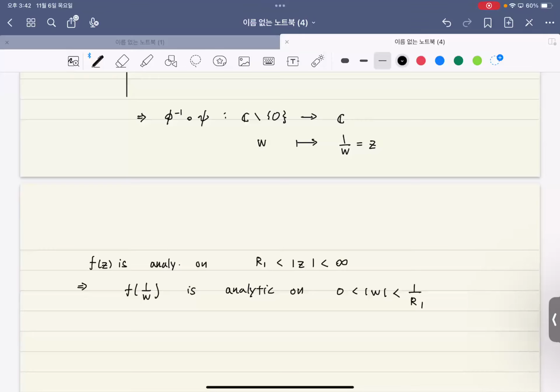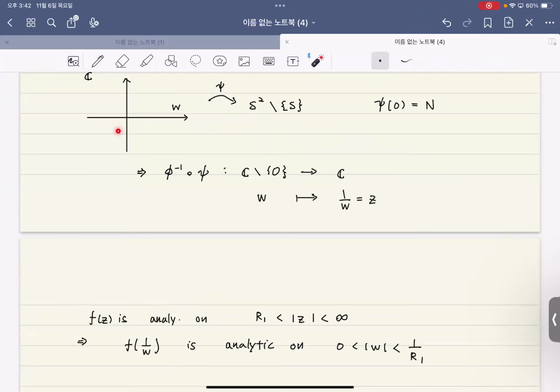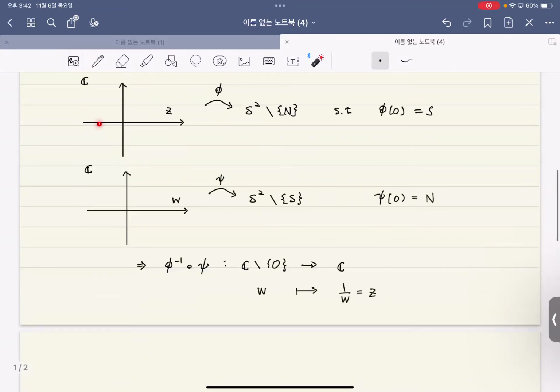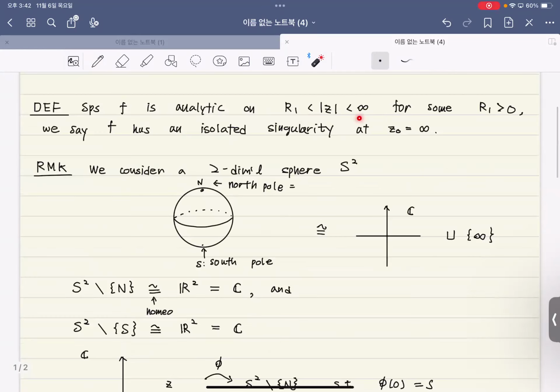And from the viewpoint of this space, this point should be considered as a point of infinity. So this is why we call this the isolated singularity at infinity.